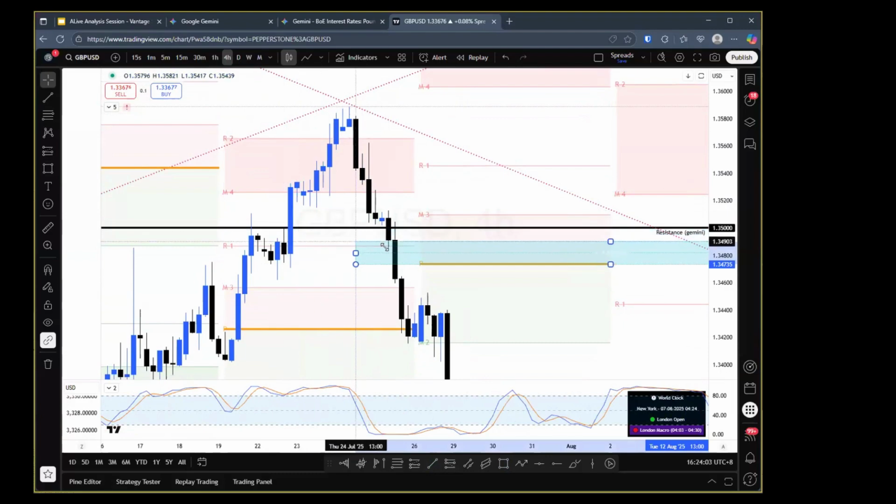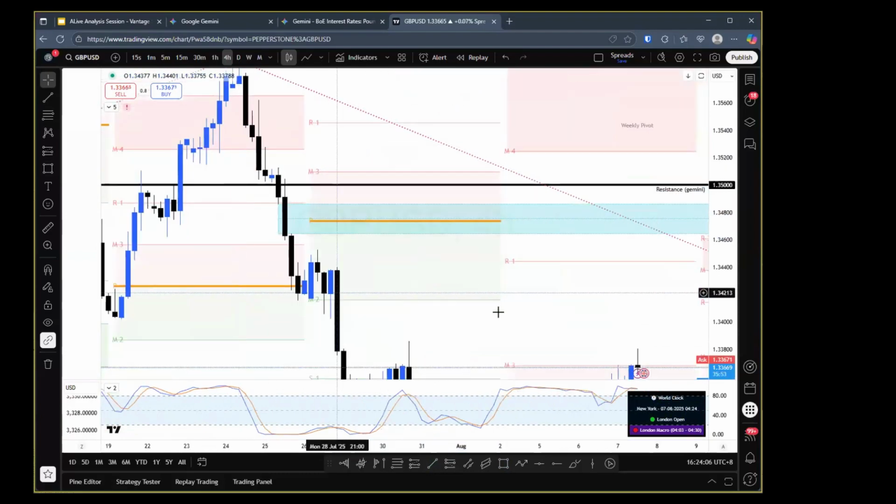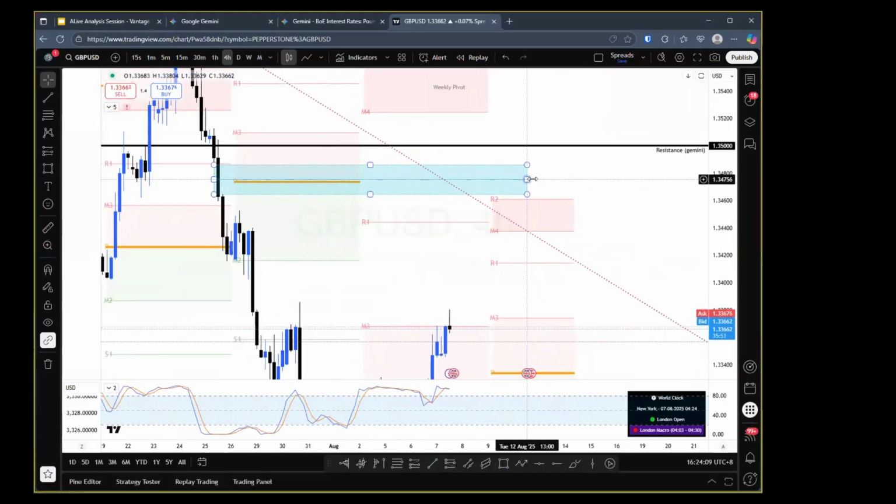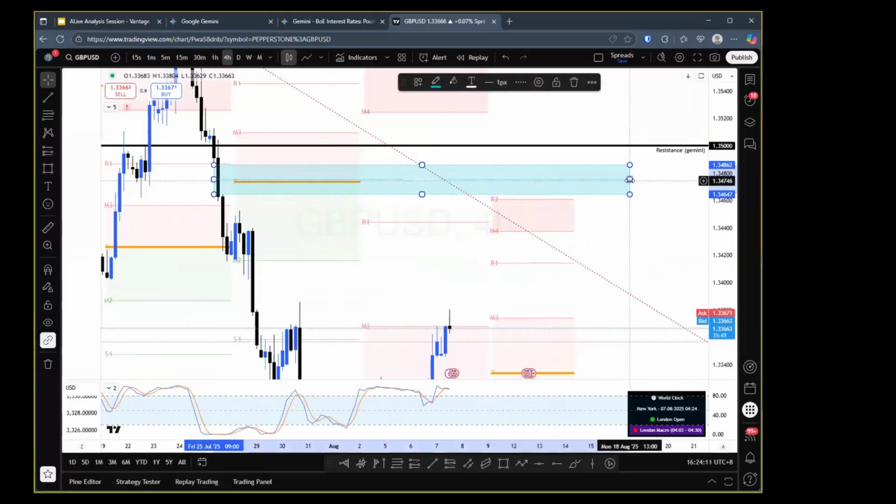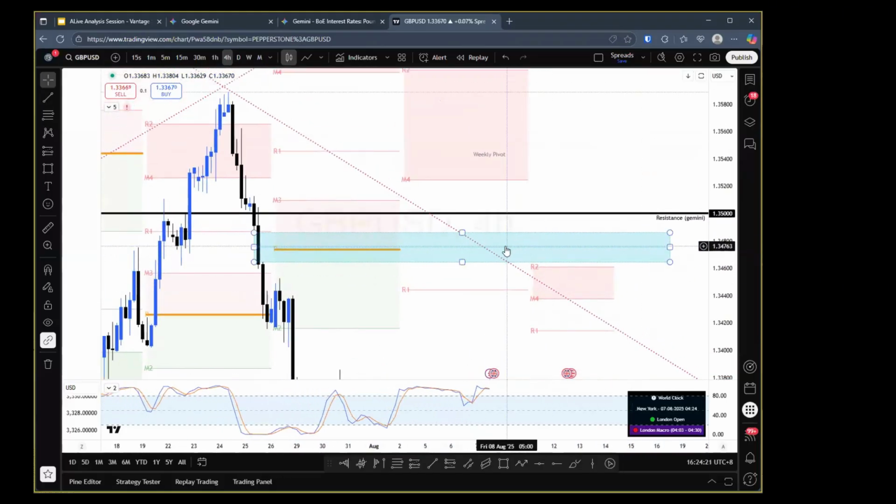So if you were to make this a little bit more accurate, I would say somewhere around this level, 1.34746, is the failure of the buyers to push up higher. So if price does actually come up here, you will not be able to see price move further up because all of the buyers here were stopped out.